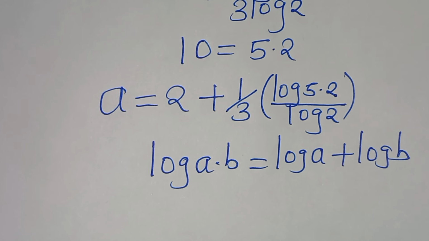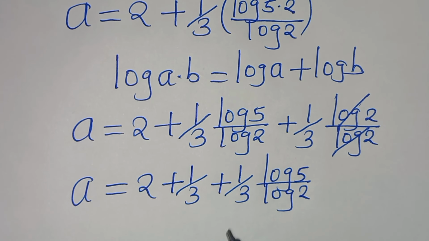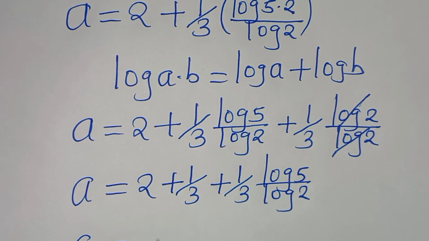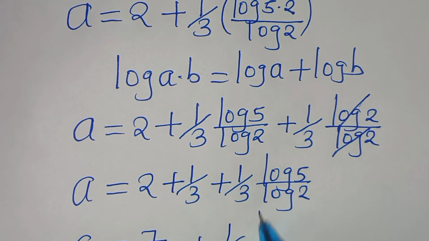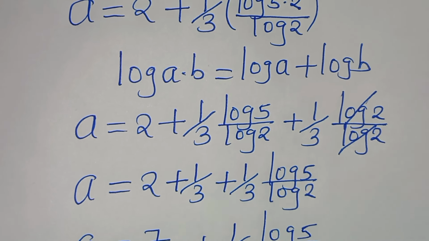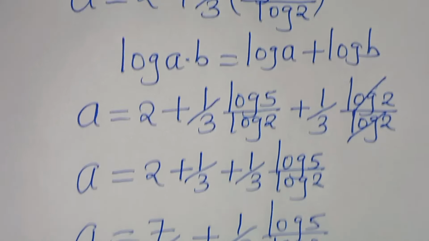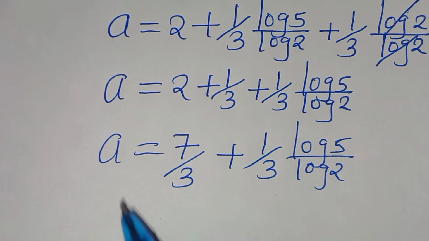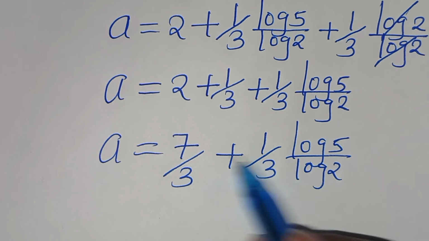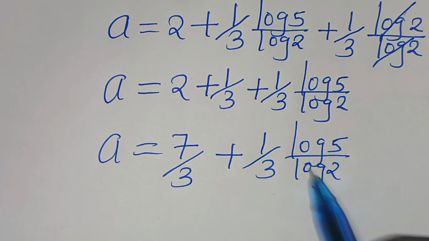So here we have 2 plus a third, and this is actually equal to 7 over 3, then plus 1 over 3 times log 5 divided by log 2. Now A is equal to 7 over 3 plus 1 over 3 log 5 over log 2.